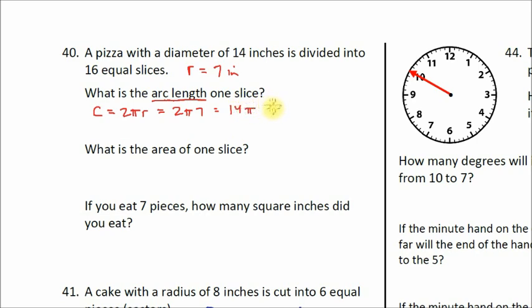So there's our circumference, 14 pi. And now I'm going to take 14 pi, which is my whole circumference, and find the arc length of one slice. Well, one slice is 1 out of 16. We have 16 slices, so I'm going to find 1/16 of the circumference.